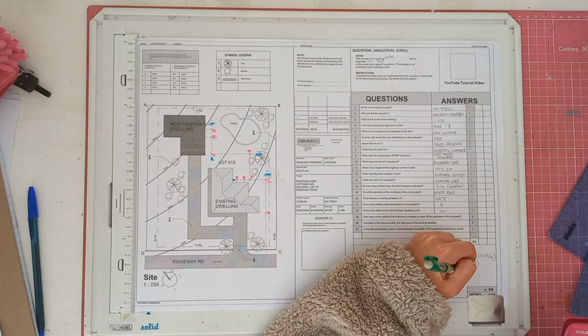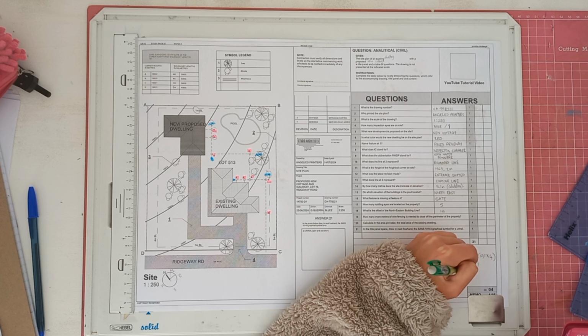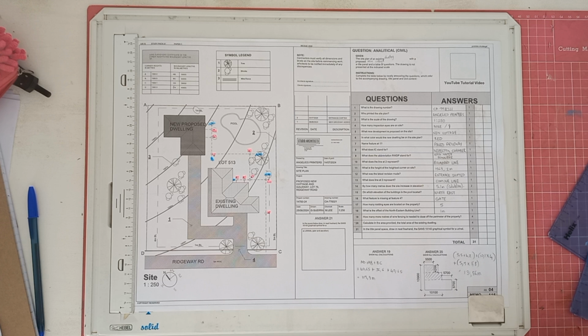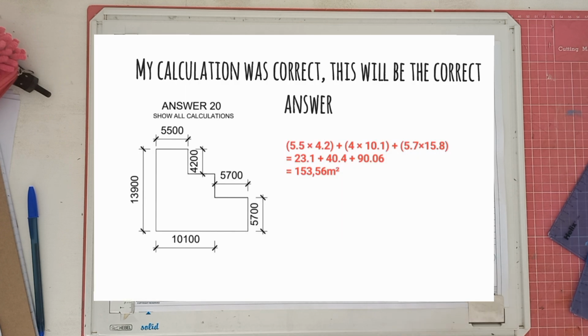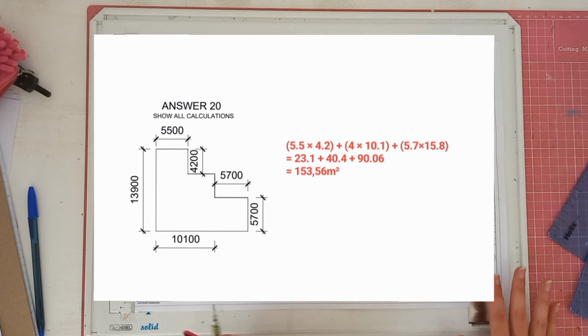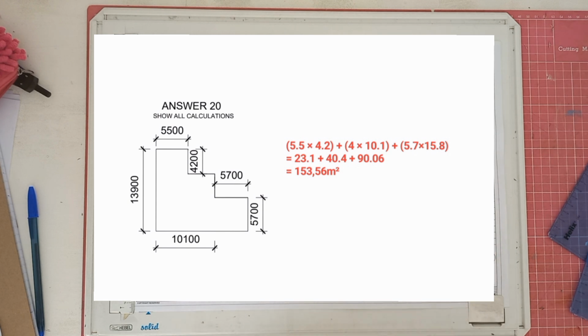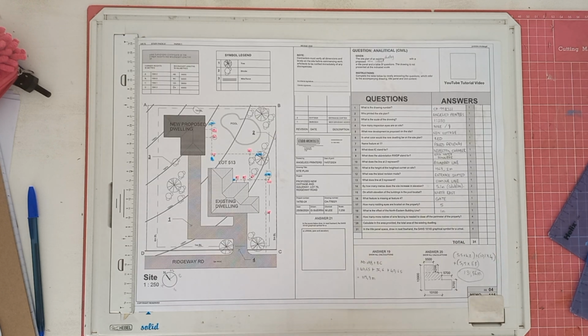Okay, and the answer will be 131.56 meters. So for some reason my calculation was slightly off, so I think I must have mismeasured somewhere. So I'm just going to quickly check, but this is the correct answer because I know my maths is quite shocking.